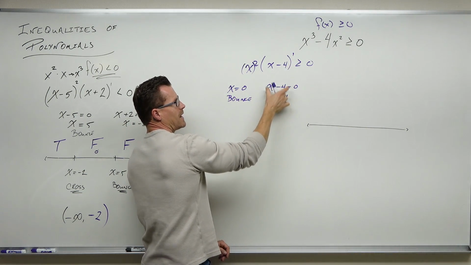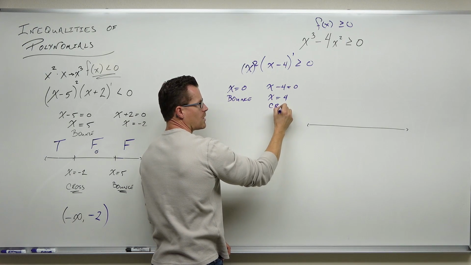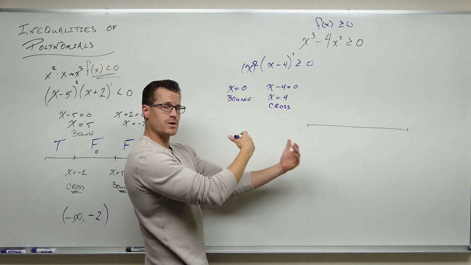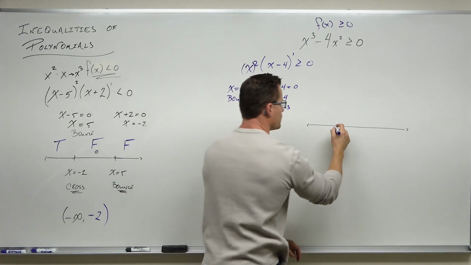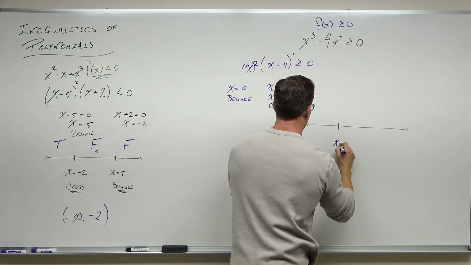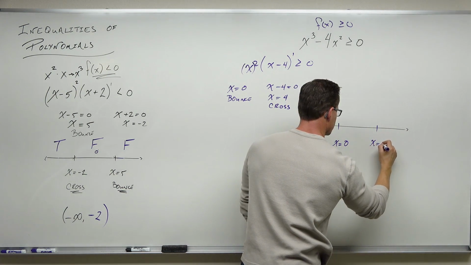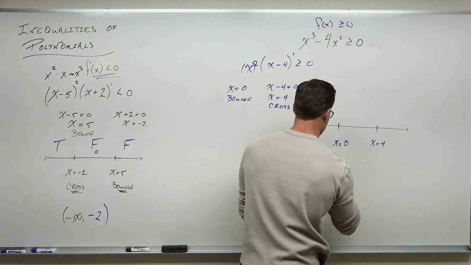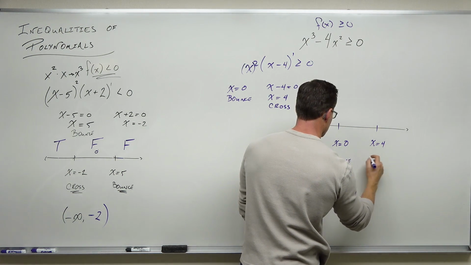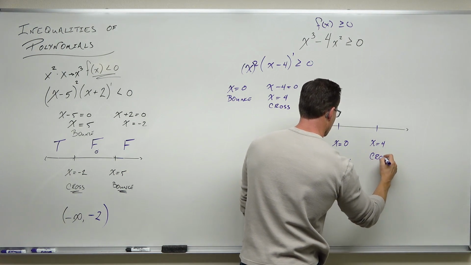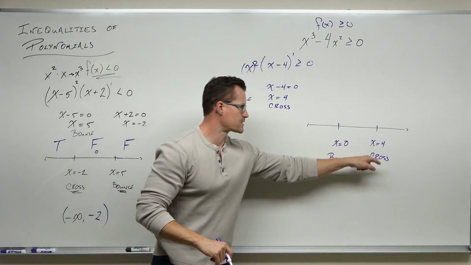Because this factor had an odd power, that's a cross. Due to our multiplicity, let's put them in order on our x-axis on the number line. We know that's a bounce, we know that's a cross.